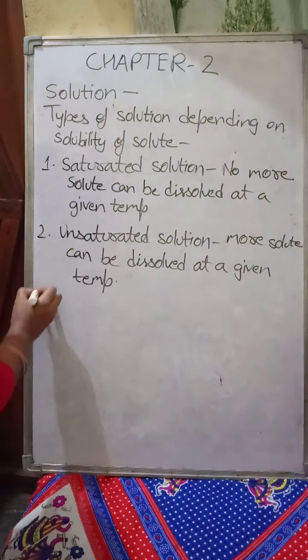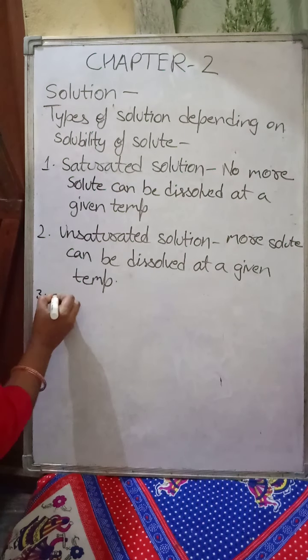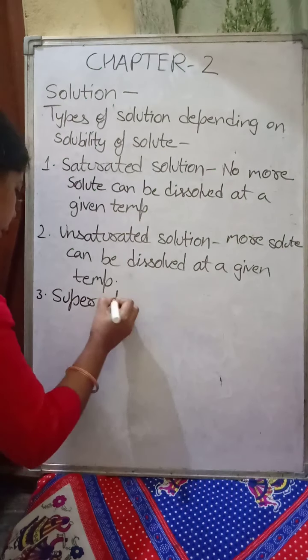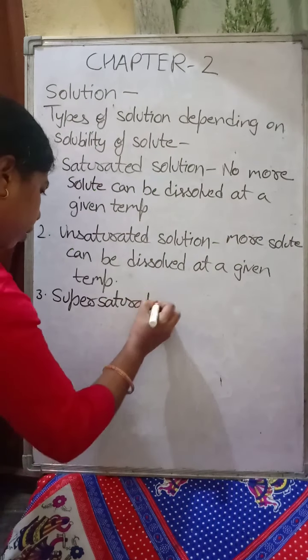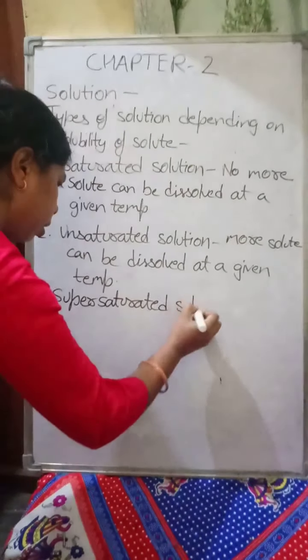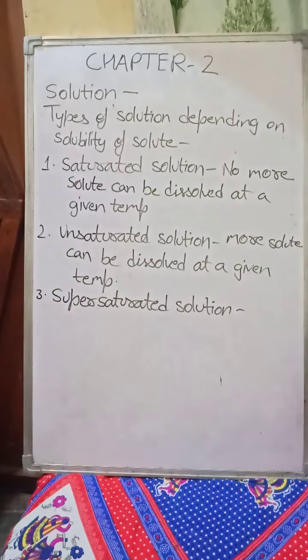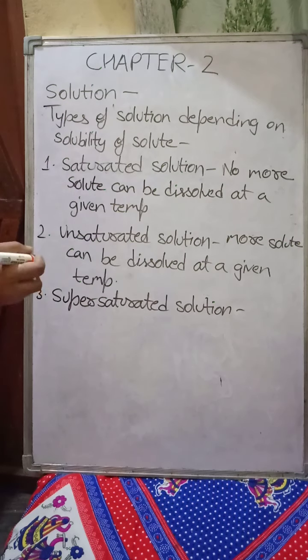And the last, you can see, is supersaturated solution. Third type of solution, that is supersaturated solution. So what is a supersaturated solution?